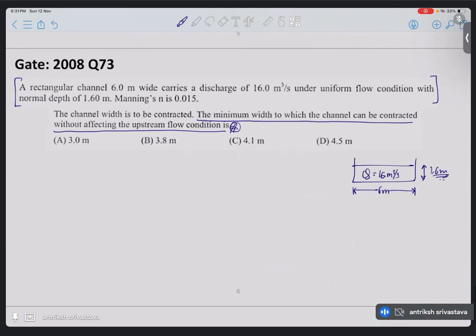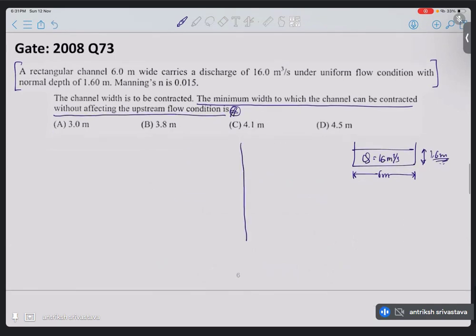Before going to that, we are going to look at one graph that is going to be between y and discharge per unit width q. This graph looks like this. The above part is subcritical flow, the below part is supercritical flow.